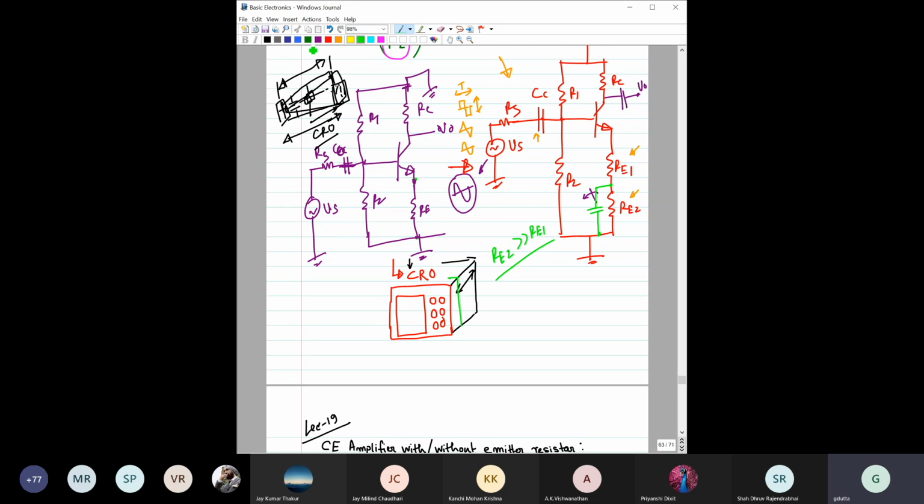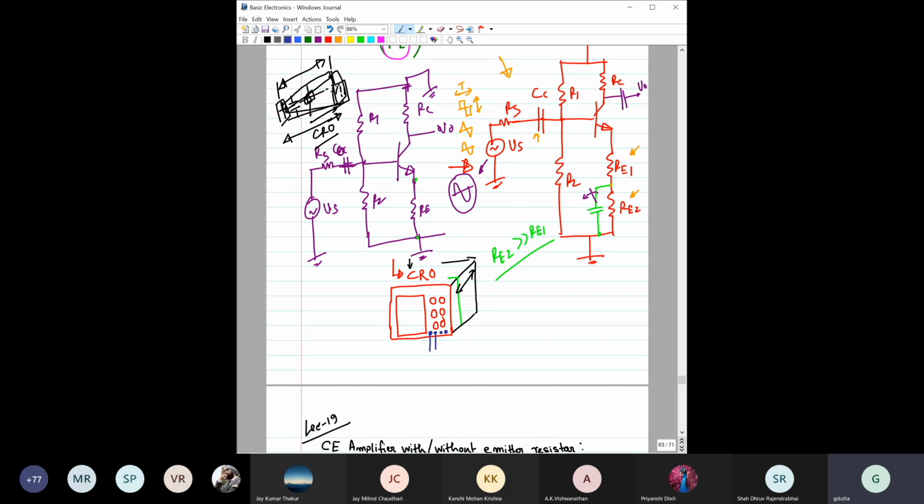And there are two more things, called the channels. You have different numbers of channels in different CROs. Typically what we use in our laboratory is a two channel CRO. Two channel means you can visualize two waveforms on this screen.